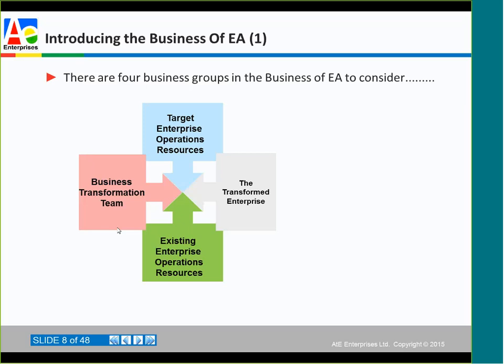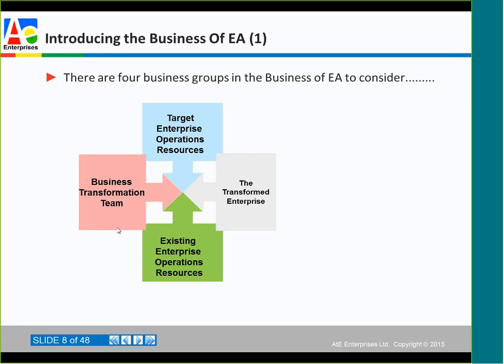It depends on how serious, in some ways, the transformation effort is and how necessary it is. So they are the people that we're probably going to focus on most today in helping understand how to use EA.